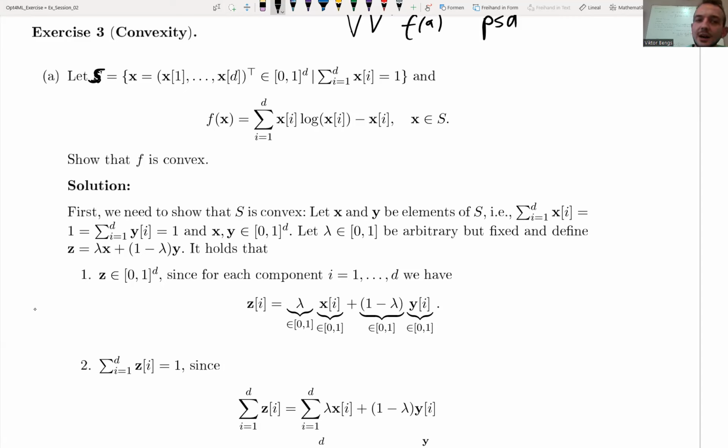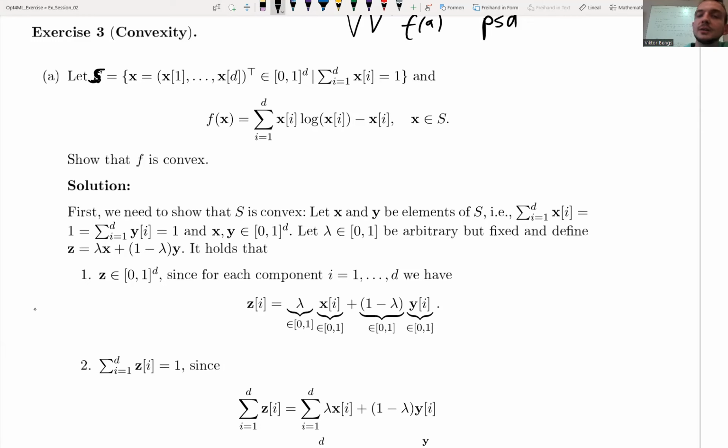So in fact, these d-dimensional vectors we are looking at are probability vectors. And this here is nothing else than the d-1 simplex, if you had heard of this. And what we define on this set S is the following function f, where we have a sum over the components, where we do the following.